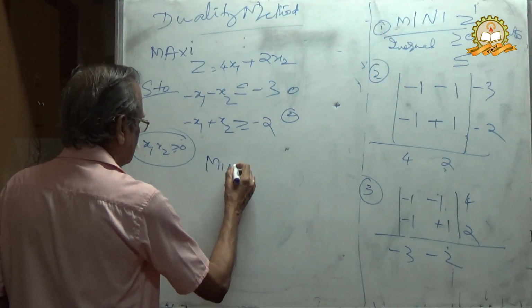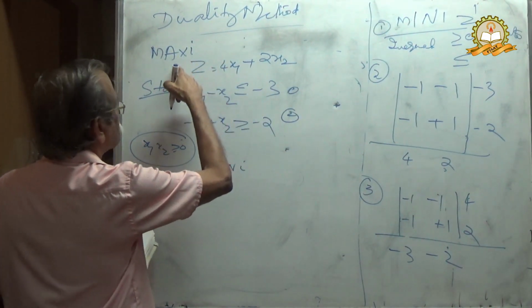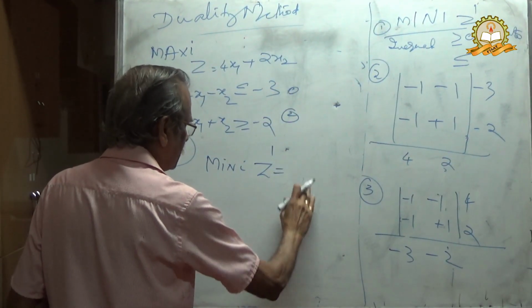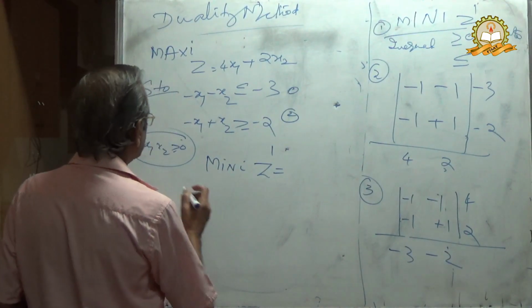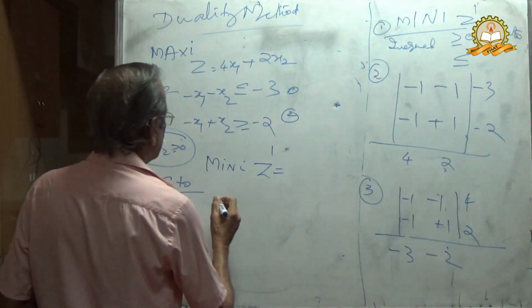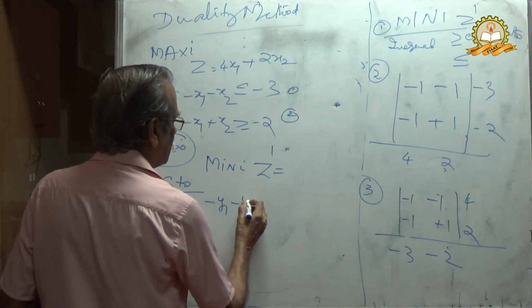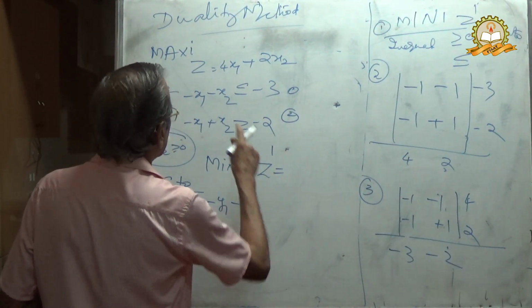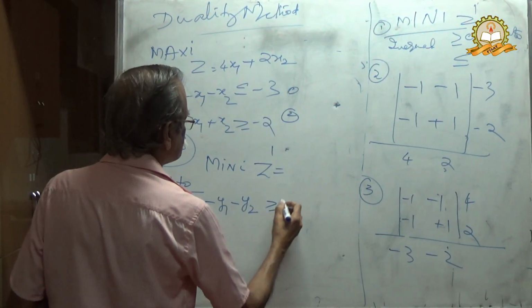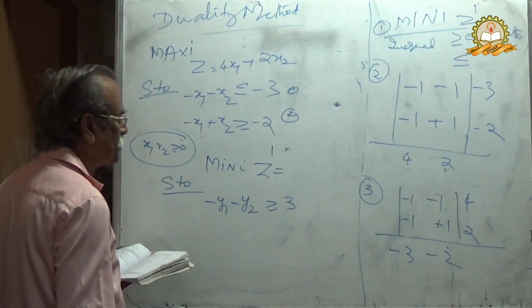Minimize, it was maximum, therefore minimize z dash equal to, we will fill it later, subject to constraints. Now you can read this, minus y1 minus y2, earlier it was less than or equal to, therefore it changes to greater than or equal to.